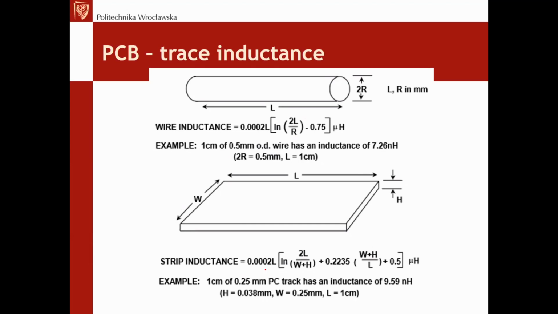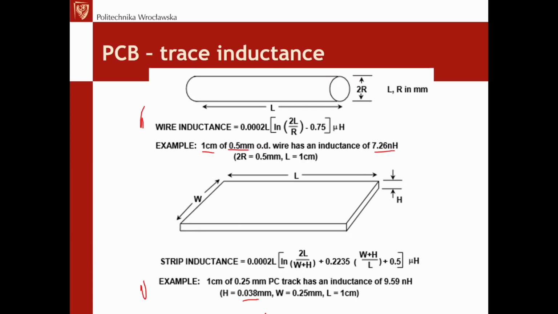But what about the impedance of a strip or a wire? Well, 1 centimeter of a thin wire, with diameter 0.5 millimeter, has 7 nanohenries, only 1 centimeter, mind that.